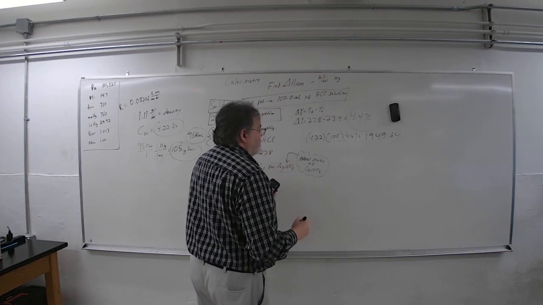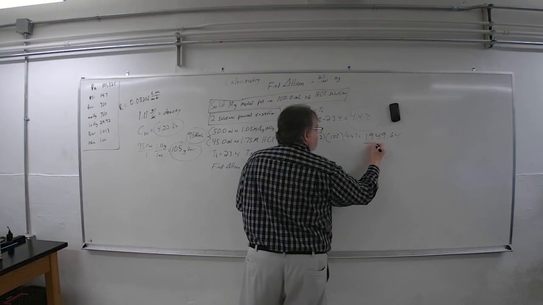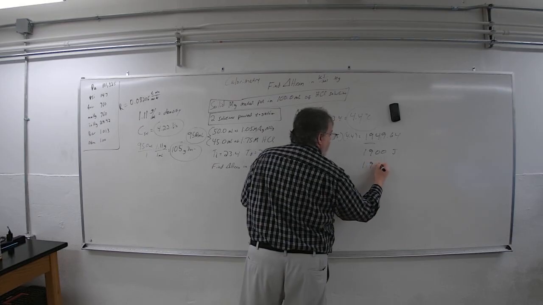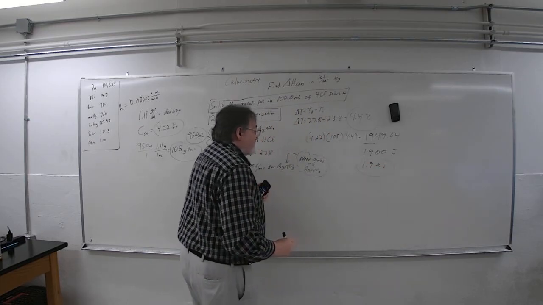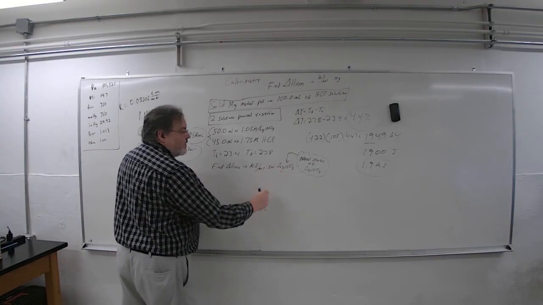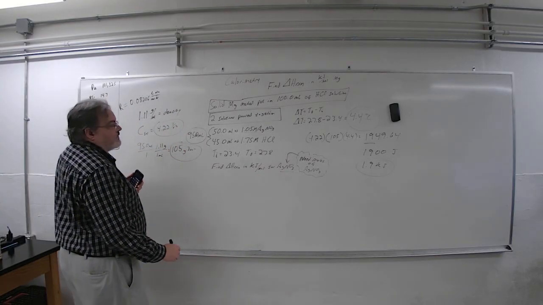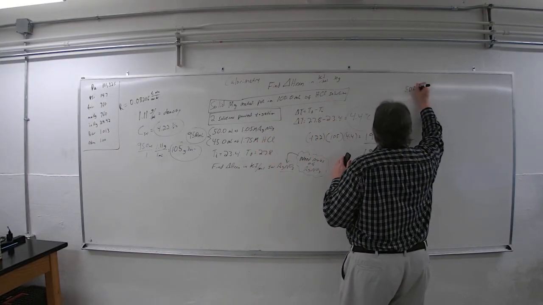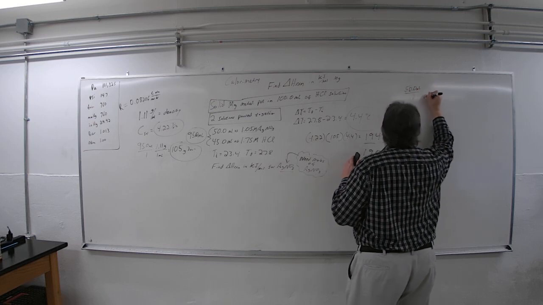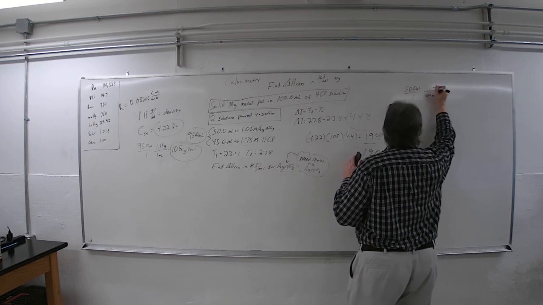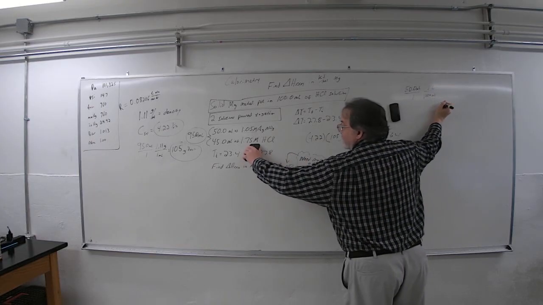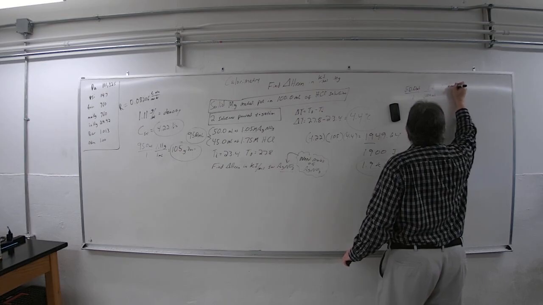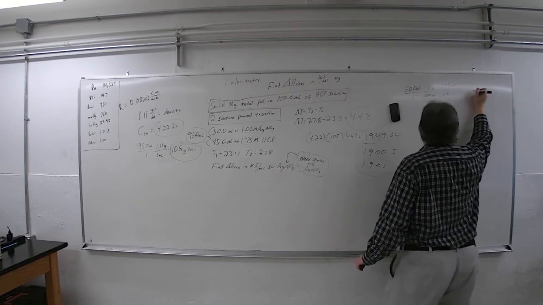I guess we only keep two significant figures here because of this. 1900 joules or 1.9 kilojoules. So now we have our kilojoules. One more thing, we need to know the moles of AgNO3. We have 50 milliliters, 1,000 milliliters is 1 liter, and then the 1.75 molar means 1.75 moles in 1 liter.